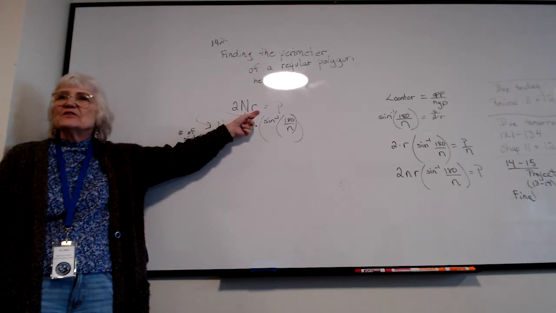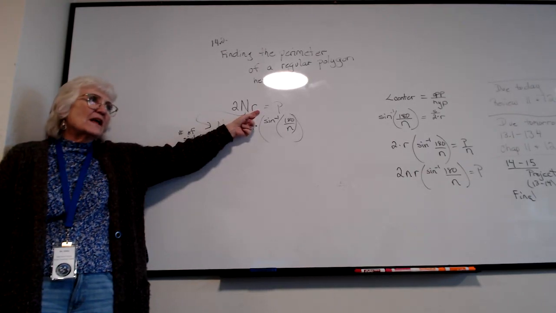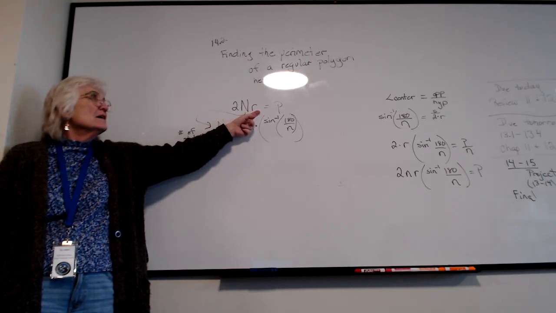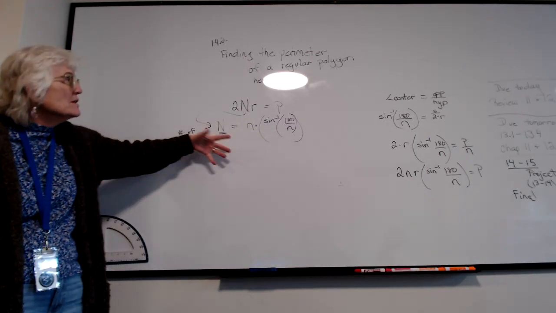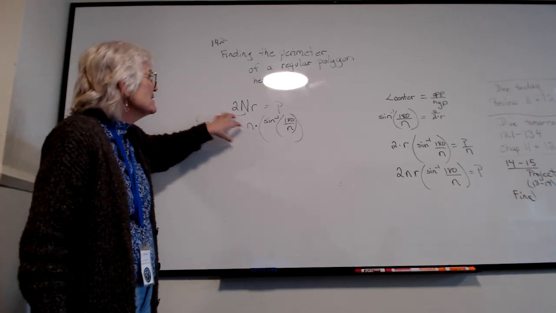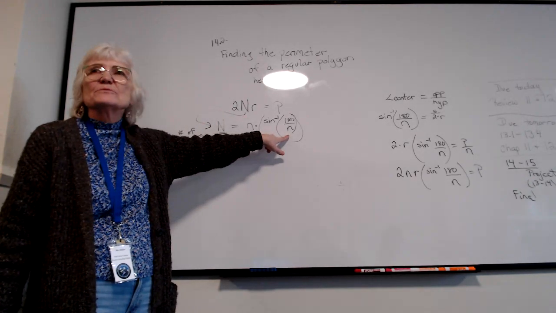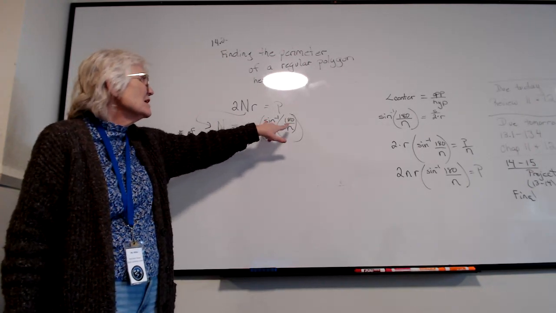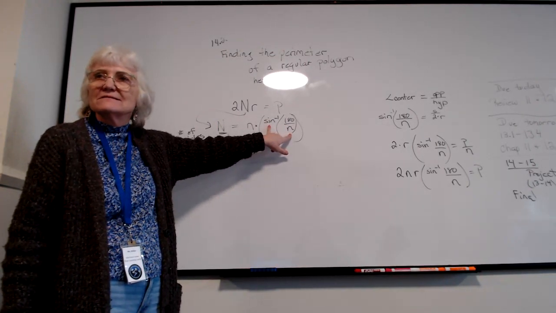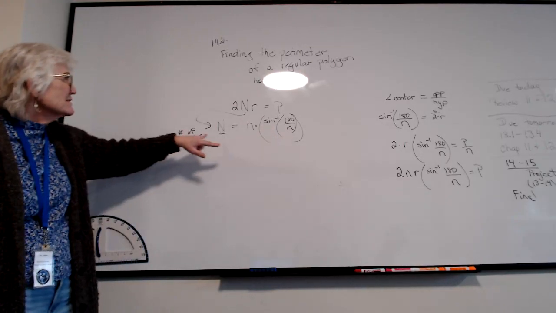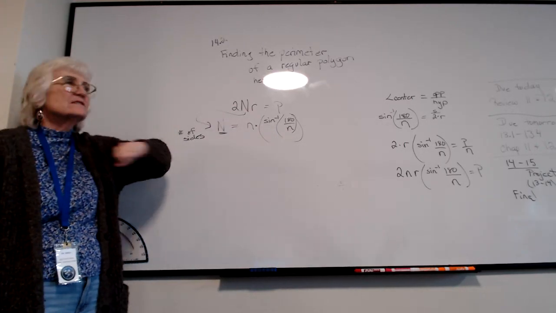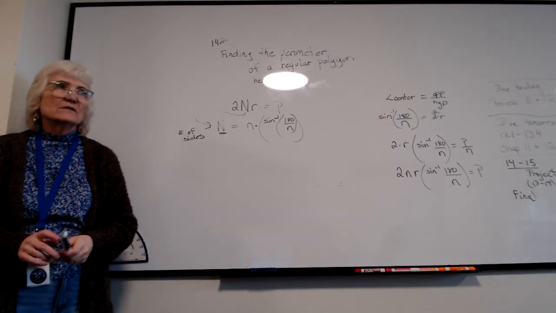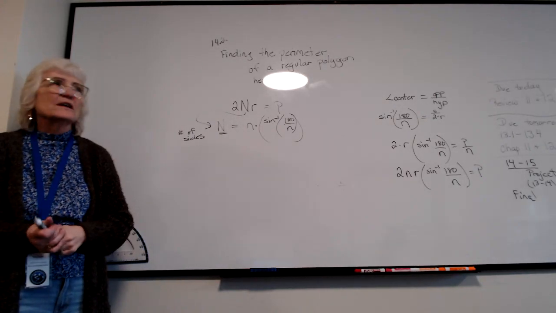That's how you can get the perimeter of any polygon that's inside. So this big N is all based on how many sides your polygon has. Very easy to find. Know what your radius is, multiply by 2, and you've got the perimeter of the triangle, or whatever polygon it is.